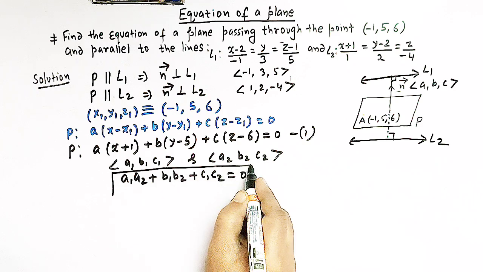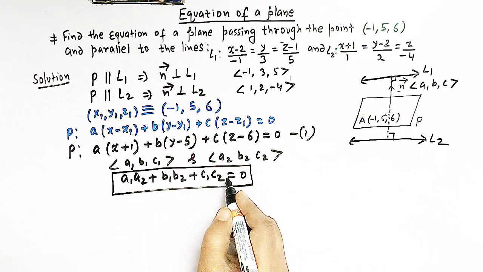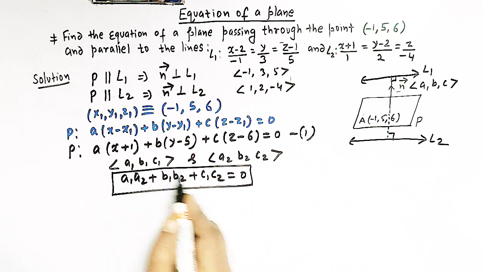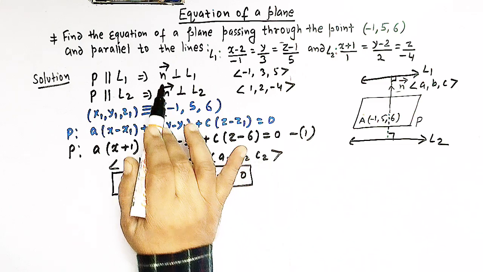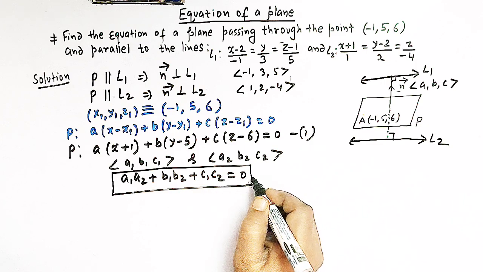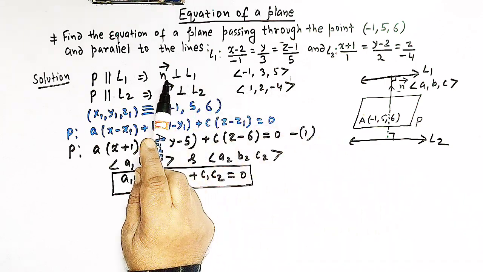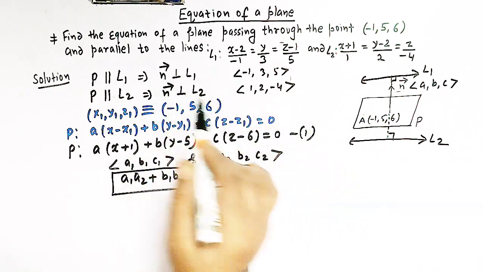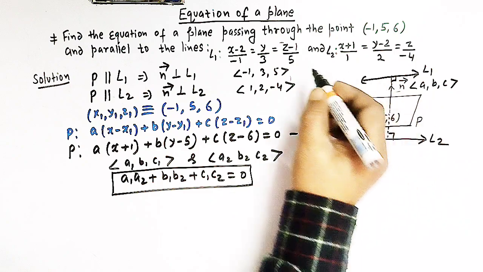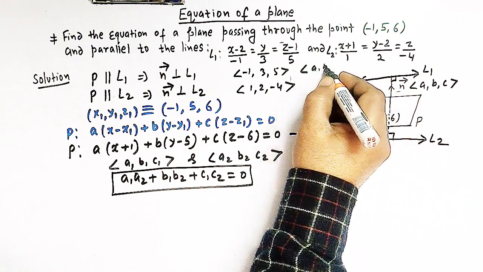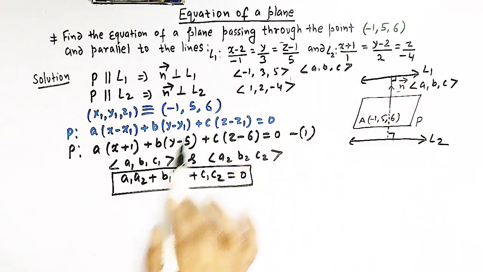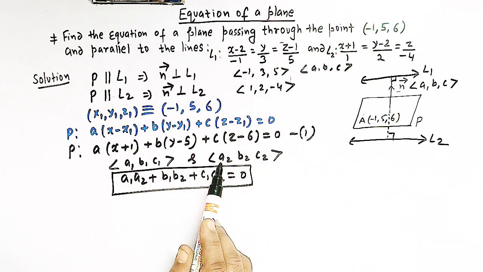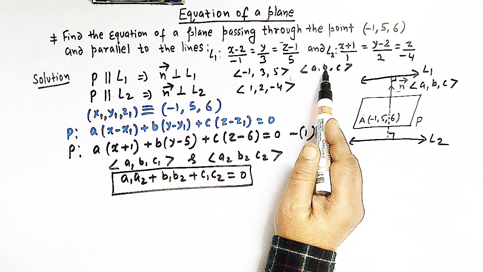Now applying this condition to vector n being perpendicular to L1, the direction ratios of vector n are A, B and C, so we can take a1, b1, c1 as -1, 3, 5, and a2, b2, c2 as A, B and C.